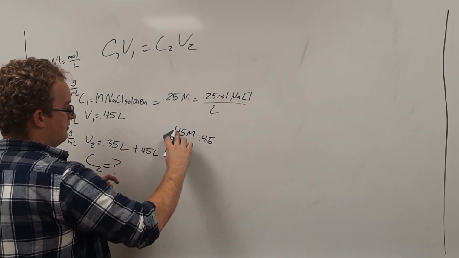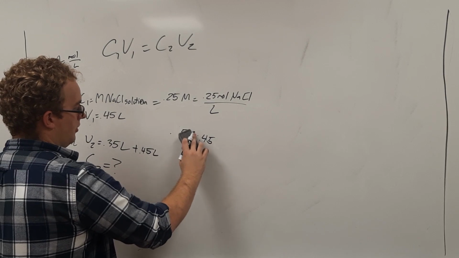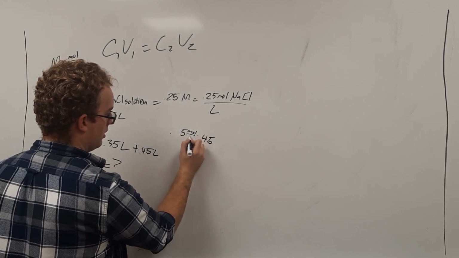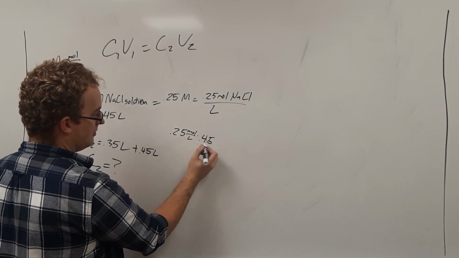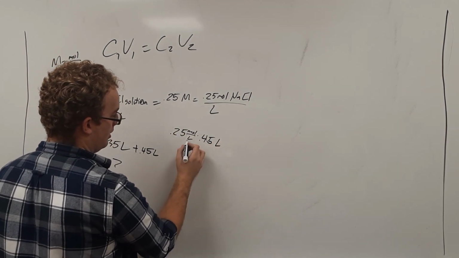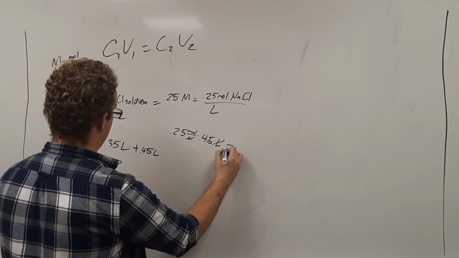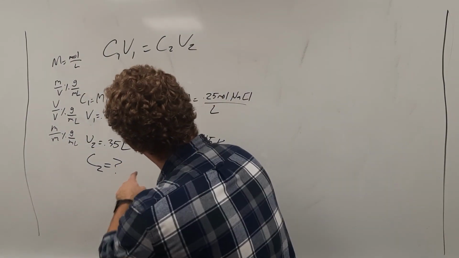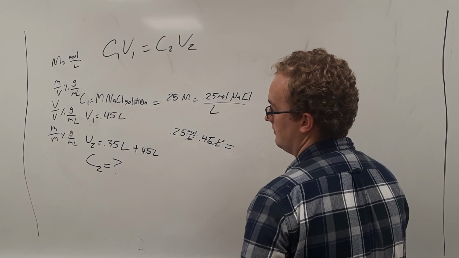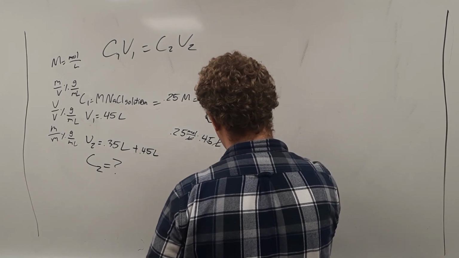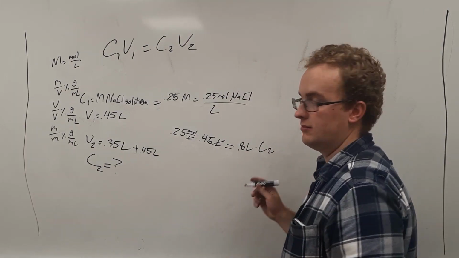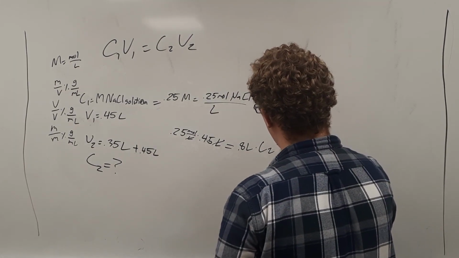So we'll have 0.25 moles per liter times 0.45 liters, cancels out those liters, equals 0.35 plus 0.45, so that's going to give us 0.8 liters times C2, which is in units of moles per liter.